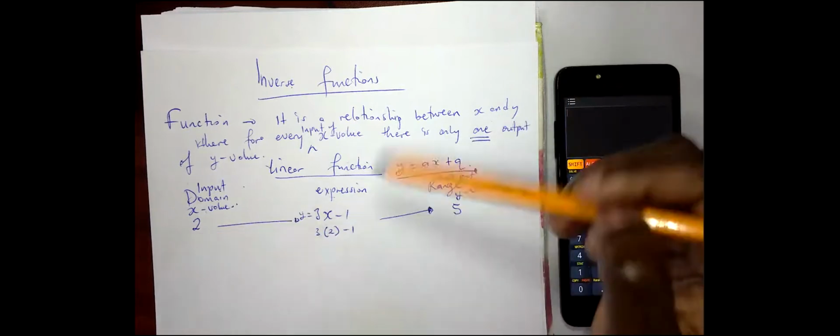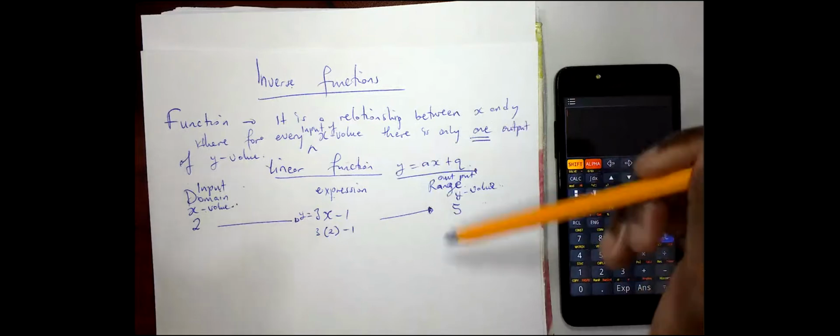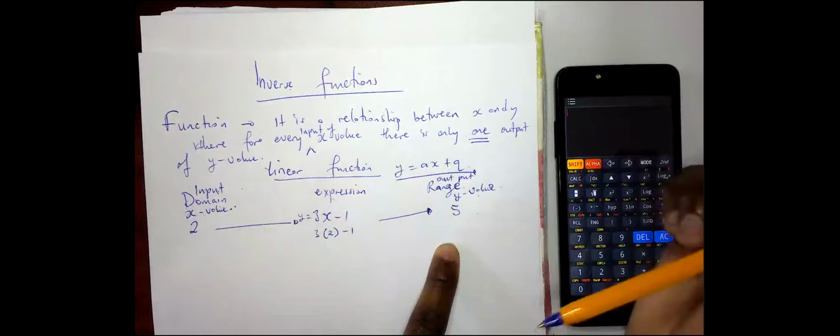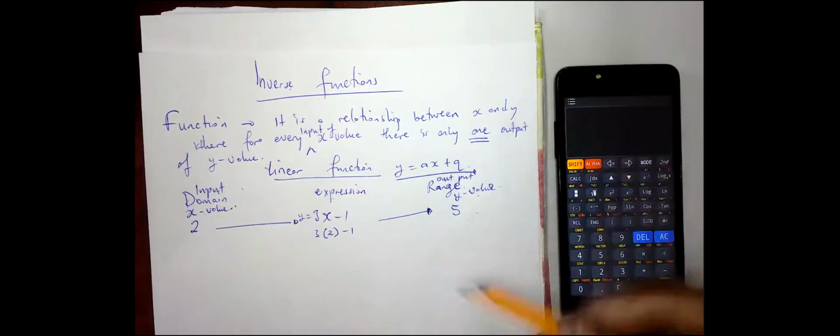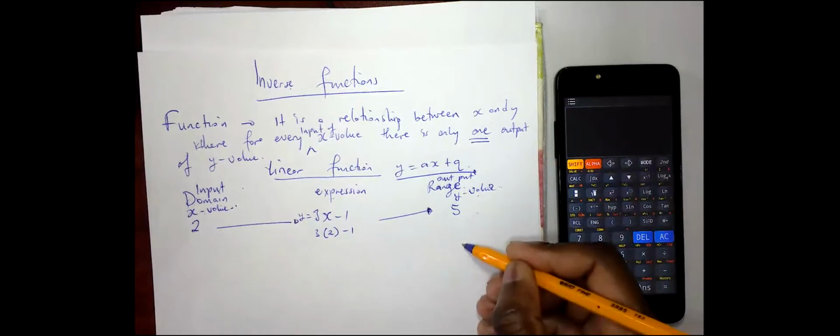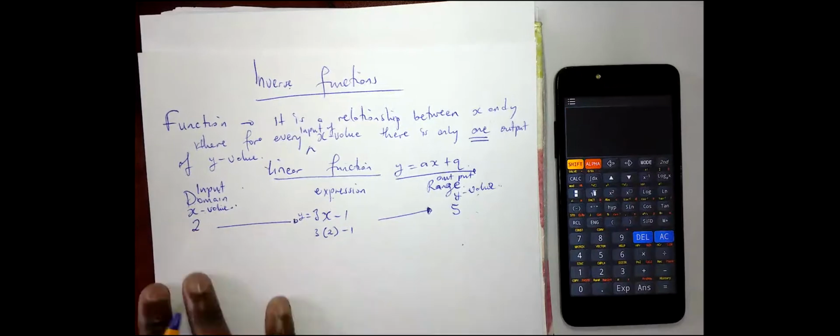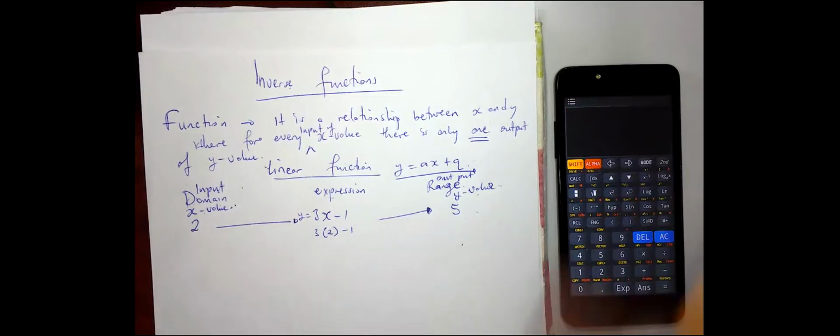So in the inverse, what we're just doing is interchanging the domain and range. That's what you need to understand when you're talking of an inverse function.